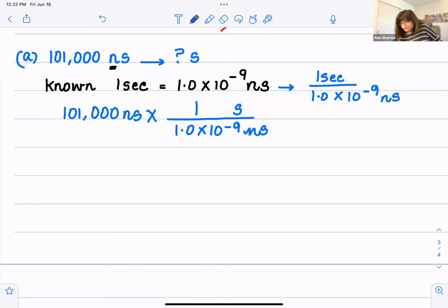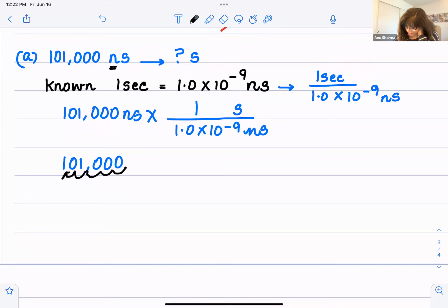Now you can just do the math here. There's another way you can do it. If you're doing it manually, just in case you don't know how, you can use the calculator, or you can do this. Here is a decimal. So 1, 2, 3, 4, and 5, 5 places.